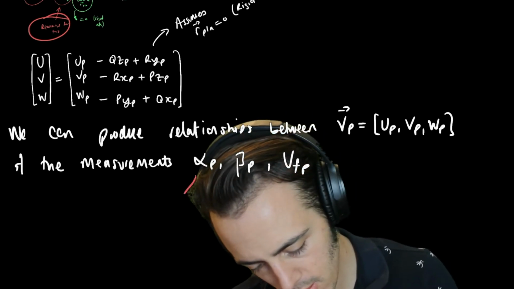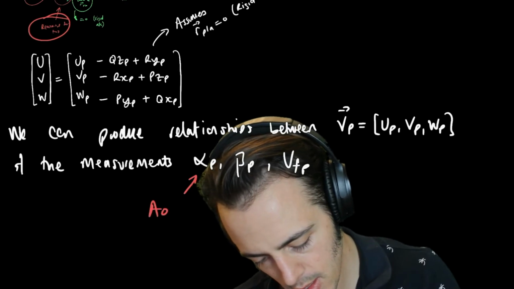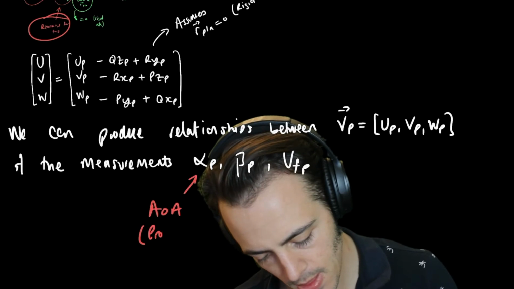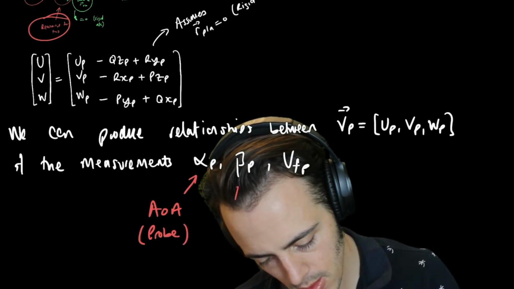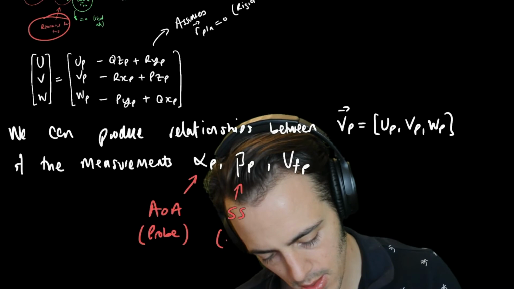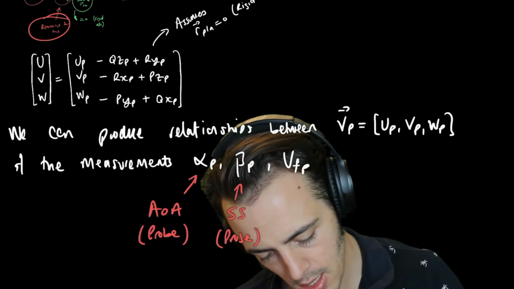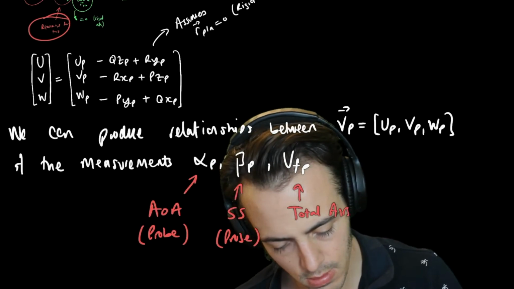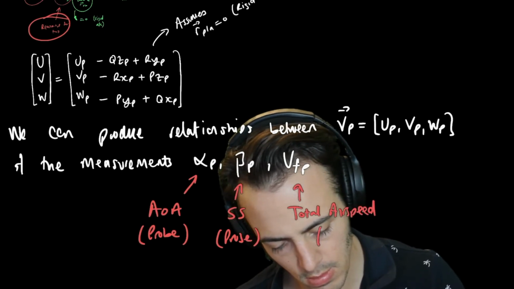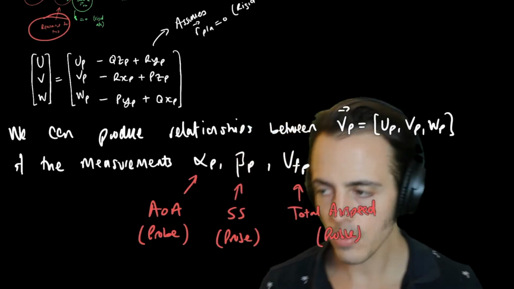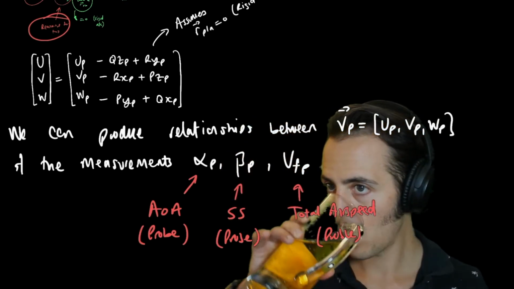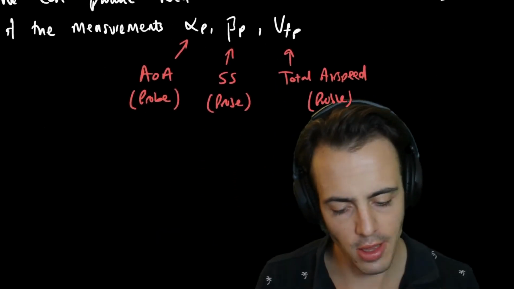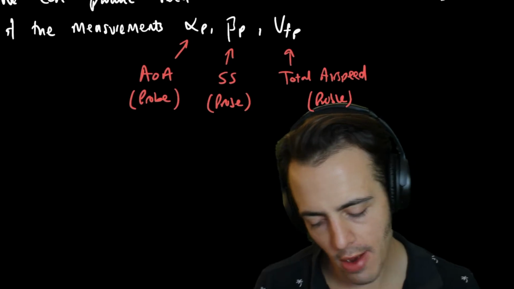So let's just say this is AoA of the probe, side slip of the probe, and this is total airspeed. So we can use the exact same relationships that we would do using the aerodynamic angles.